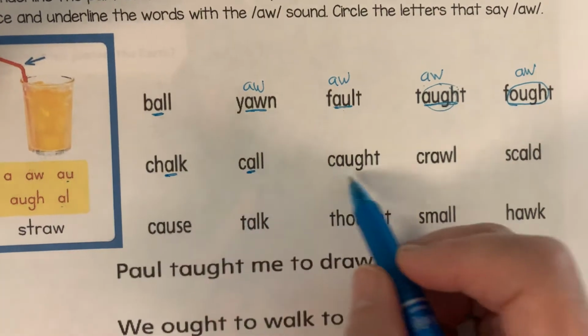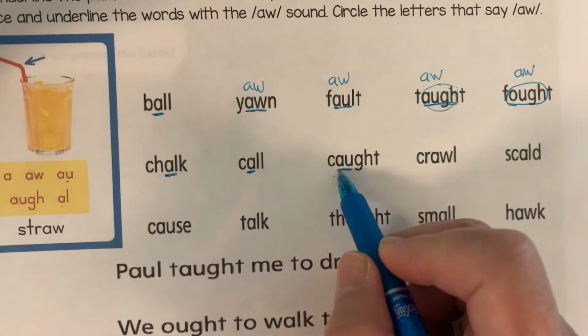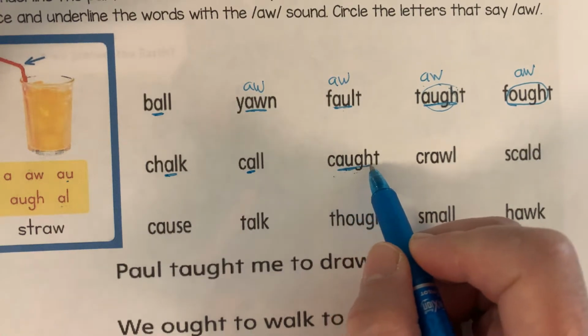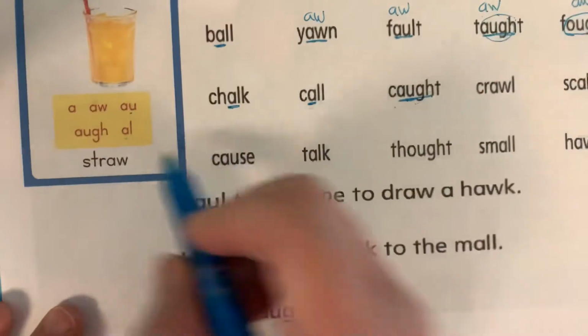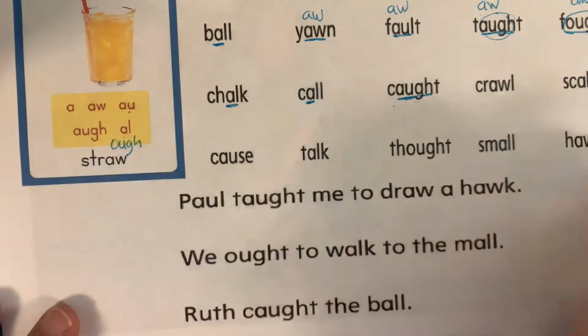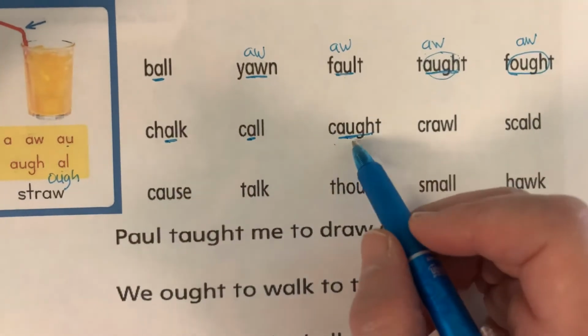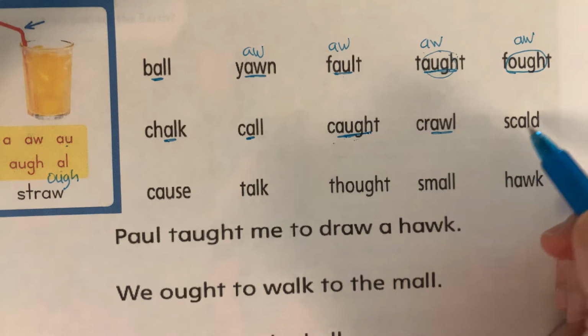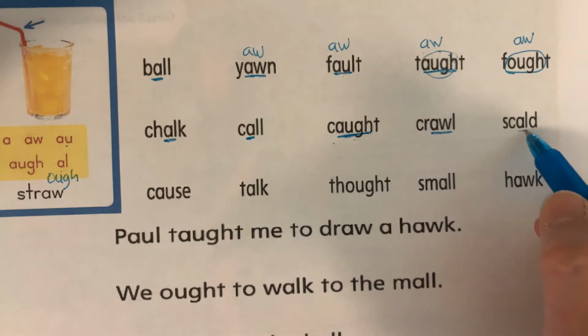Chalk, the AL is saying ah. Call, it's the A. Here we have AU, which is also AUGH right here, because what they should have done over here is they should have had OUGH in addition to AUGH. So AUGH is saying ah. Crawl, AW is saying ah. And here we have scald.